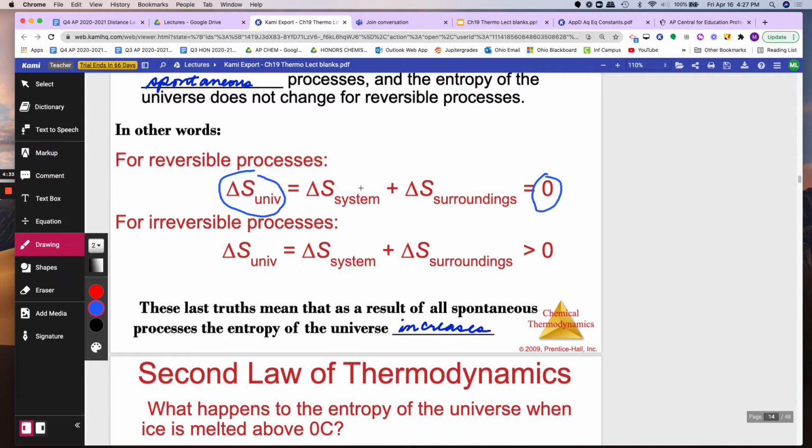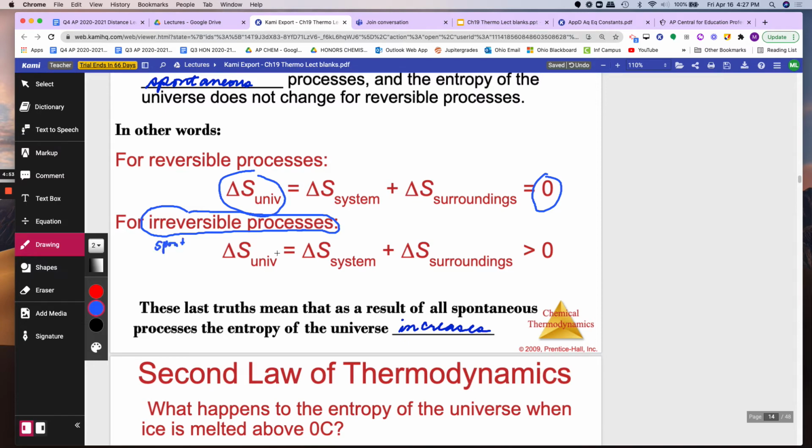You can go back and forth. You're not really changing anything. But if it's irreversible, that means something spontaneous just happened. You opened a bottle of perfume and it expanded into a gas. That's irreversible unless you put work into it, right? So it's irreversible. It's spontaneous.